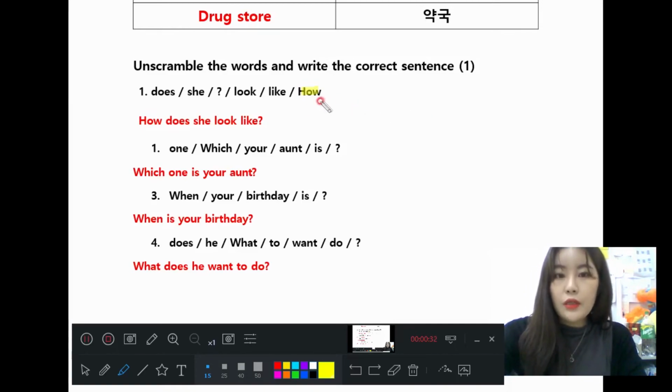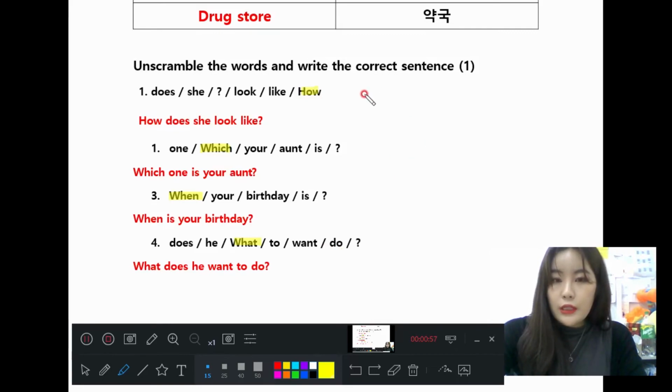So how is gonna come first, and then how does she look like? 그녀는 어떻게 생겼니? And also this one comes first. Which one is your aunt? And next one will be when is your birthday? Okay? And the next one, what does he want to do?